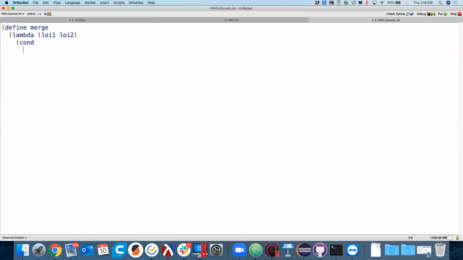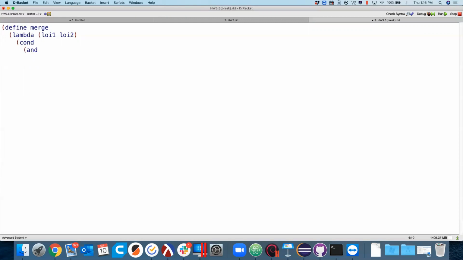So the one possibility is that both lists have stuff in them, right? So if both lists have stuff in them, then we need to compare the cars of those two lists, and the winner becomes the cons onto our running total, right? But if both lists are empty, then we are kind of at the end, right? We've placed everything. All right, so let's handle that part first.